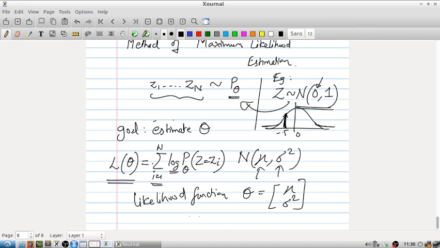Then I want to maximize the likelihood function, the sum over n of log of p theta of z equal to zi, and the negative log of that you can minimize. Whenever you maximize a function, you can minimize its negative without any issues.